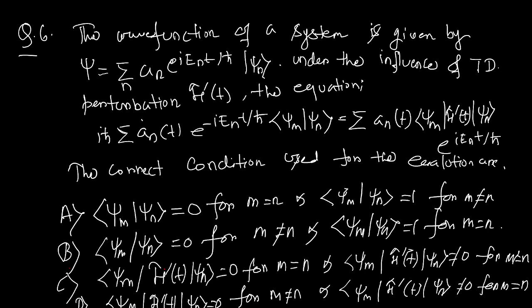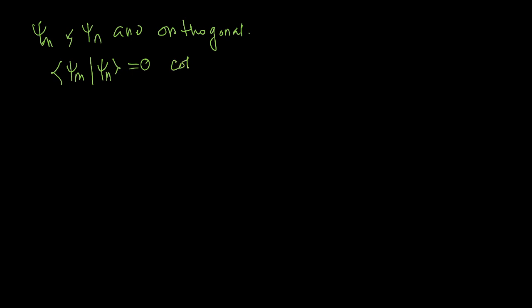As I mentioned above, psi_m and psi_n are orthogonal. Then psi_m psi_n will be 0 when m not equal to n, and psi_m psi_n will be 1 when m is equal to n.